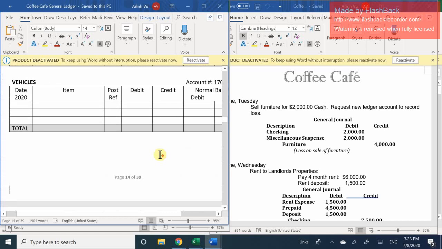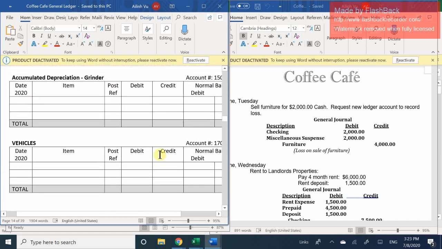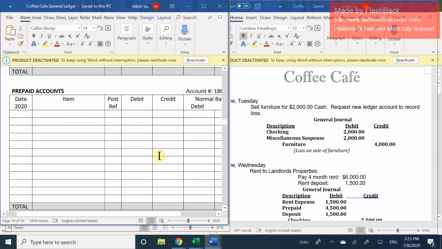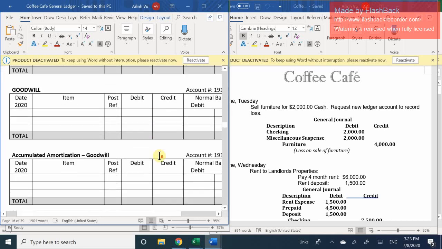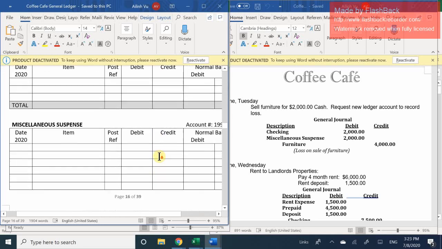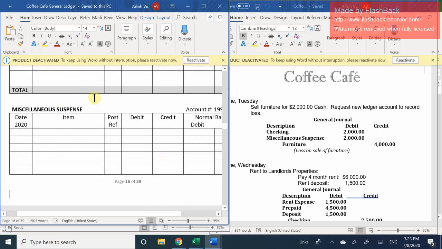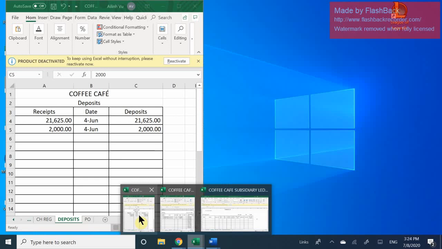Actually, I lied, page 16. Yes, thank you, David. Page 16, under Goodwill. What I meant is the account is under Goodwill. So page 16 is the last account on that page, the miscellaneous expense. Correct.